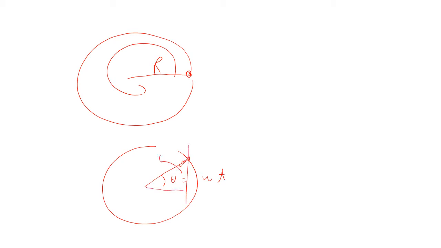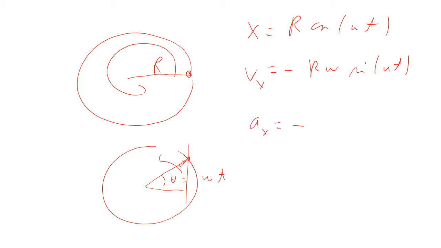And if I just look at the x component of that, the x component of the position is going to be r cosine omega t, and the velocity is going to be minus r omega sine omega t, and that's the x component of the velocity, and the x component of the acceleration is minus r omega squared cosine omega t. Oh, that's the same thing if A is r.